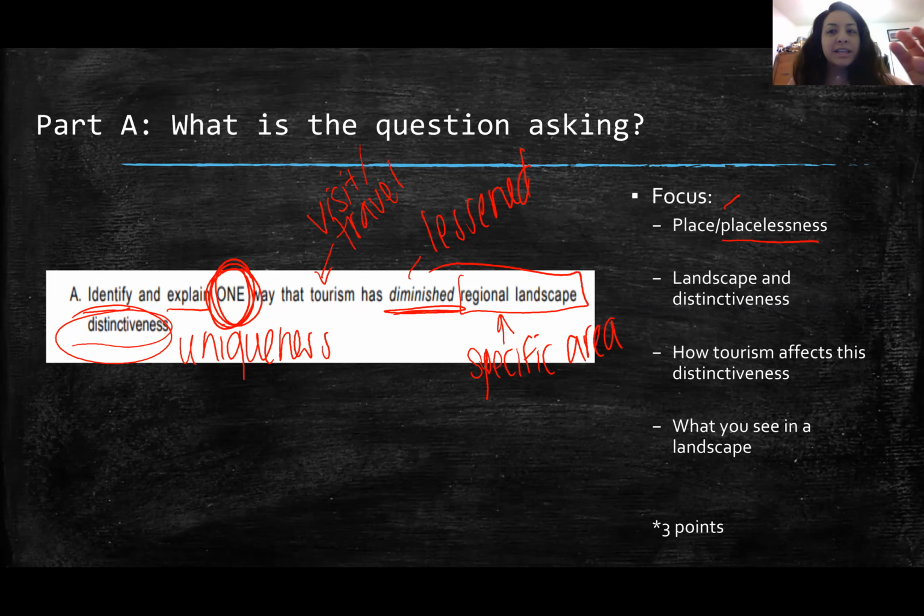If you see those things grouped together, you could be in Alabama, you could be in Wisconsin, you could be in another country, right? Because those places are everywhere. So that's a sense of placelessness. Placelessness is where an area lacks distinctiveness.